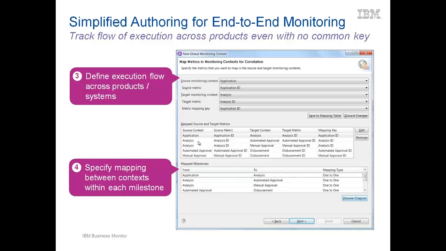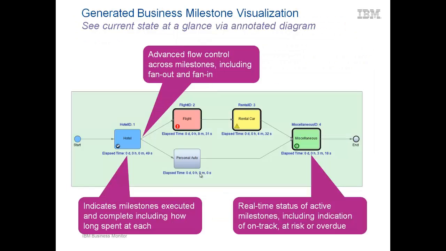And once we've defined that to the system, then Monitor can generate a picture that looks like this, that shows us our milestones or phases, and then some labeling is added for the identifiers that are used and the elapsed time that occurs as the flow starts and ends in each step.